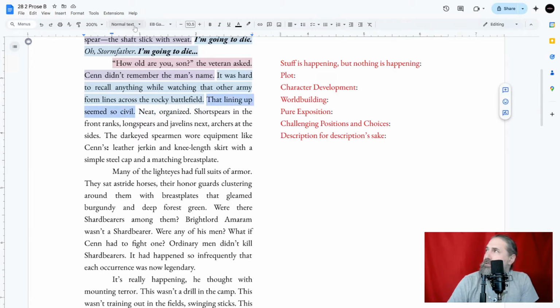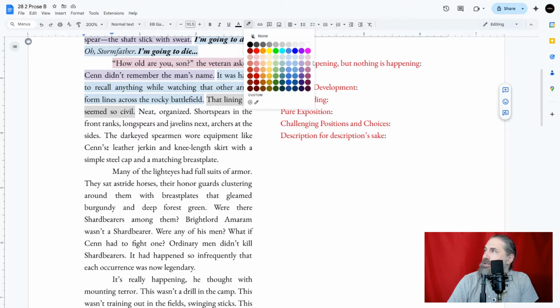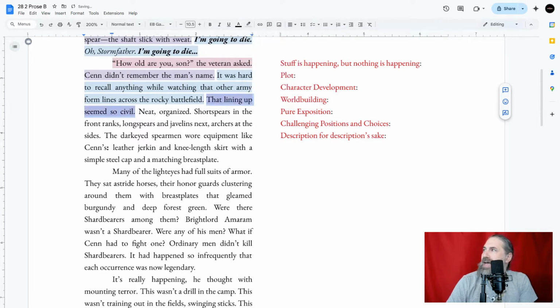Here's another example: "So that lining up seems so civil." This is plot and character development, but it's also a touch of world building, because it's pushing back on a position, on a concept, and creating a standard for, say, an army. So, the army lining seems civil.